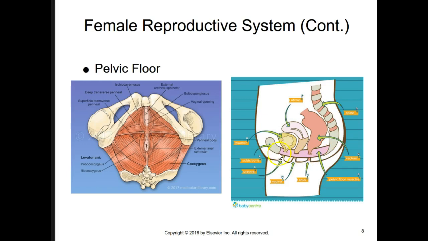If people do not do their Kegel exercises, this pelvic floor will atrophy, and it will never be the same as it was prior to having a baby. This will be loose and flaccid. So it's super important to do Kegel exercises, even before pregnancy, during pregnancy, after pregnancy.